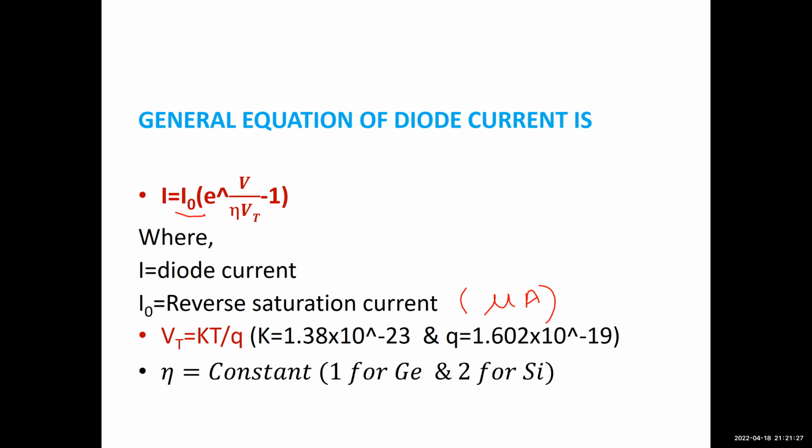Now we are going to obtain the expression for this Vt in terms of temperature alone by substituting the Boltzmann constant and the charge of an electron. So Vt is equal to kT by q, which can be written as T divided by q by k.